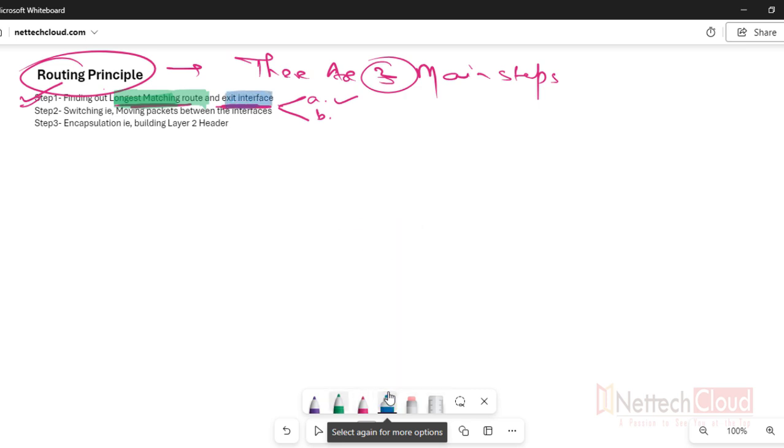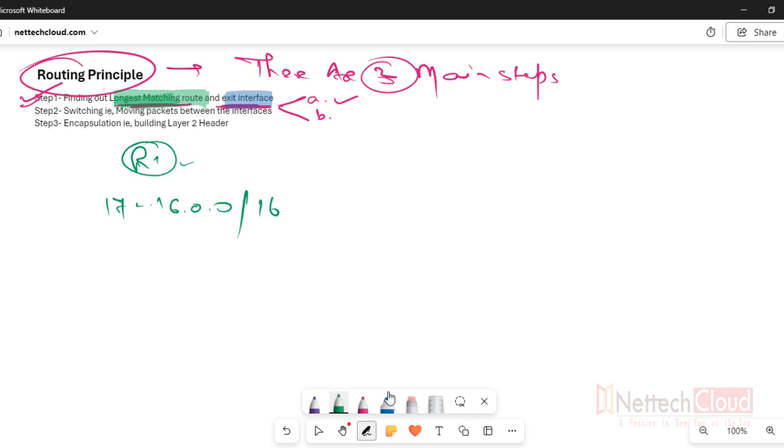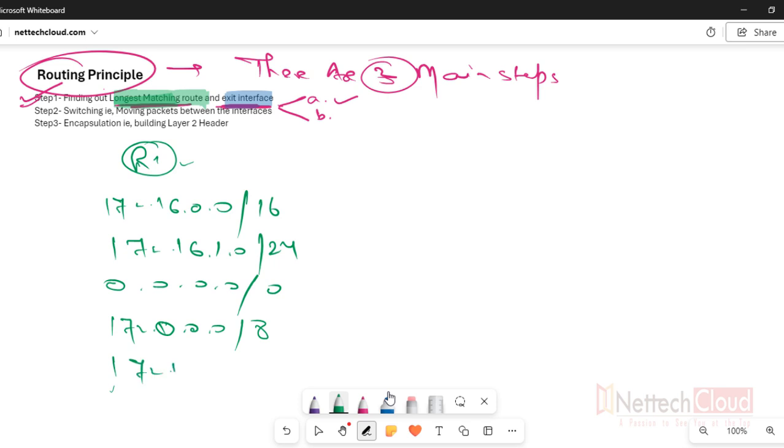Both are important, right? So finding out the longest matching route means if R1 has a route to a major network address /16, also a subnet address maybe /24, a default route 0.0.0.0/0, maybe 172.0.0.0/8, and also a specific route, for example /32, right?